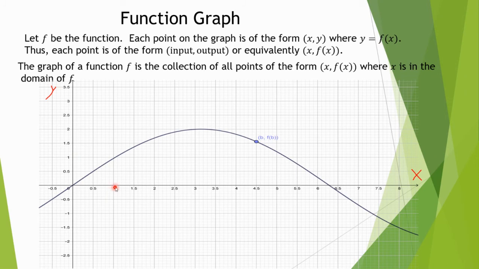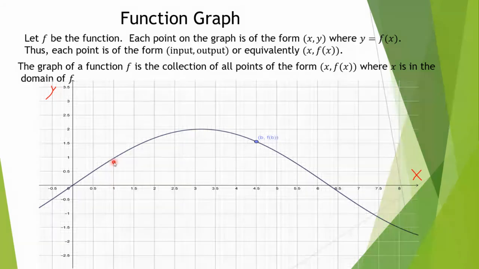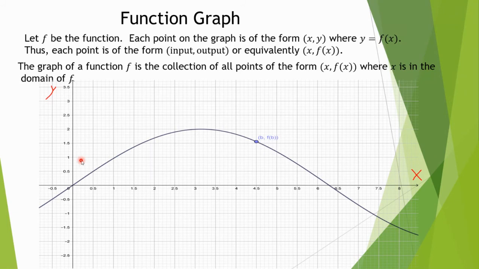So again, we go to the x value. We move vertically to the graph, in this case up, and then we go horizontally to the y-axis. That's what we do. So f of 1 here would actually be not quite 1. It would be a little bit less than 1.